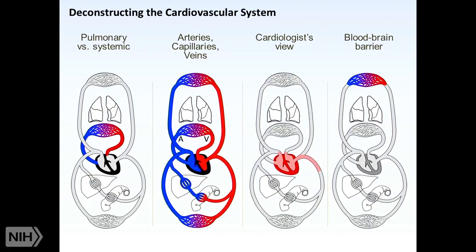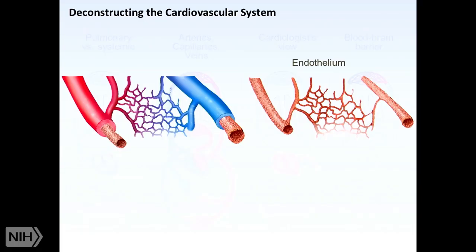Now, cardiologists are necessarily focused more narrowly and intensely on the heart and its vascular supply, whereas our blood-brain barrier colleagues often refer to the rest of the circulation simply as the peripheral circulation. Now, another way to cut the system at its joints is to start peeling back the layers of the heart and the blood vessel wall.